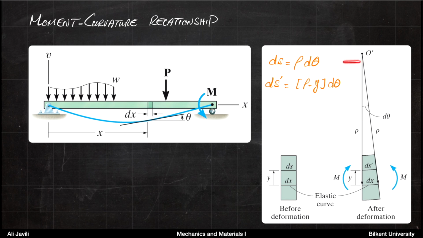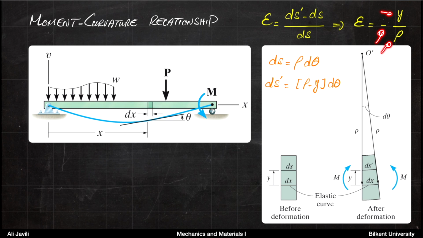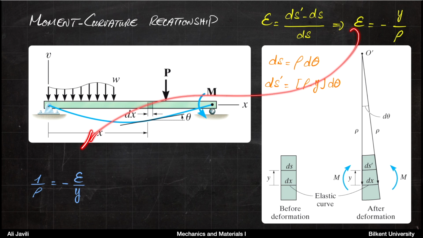So when you write ds and ds prime, you can also calculate strain, epsilon. And if you simplify that, you will see that epsilon is minus y divided by rho. So now we take that relation here.